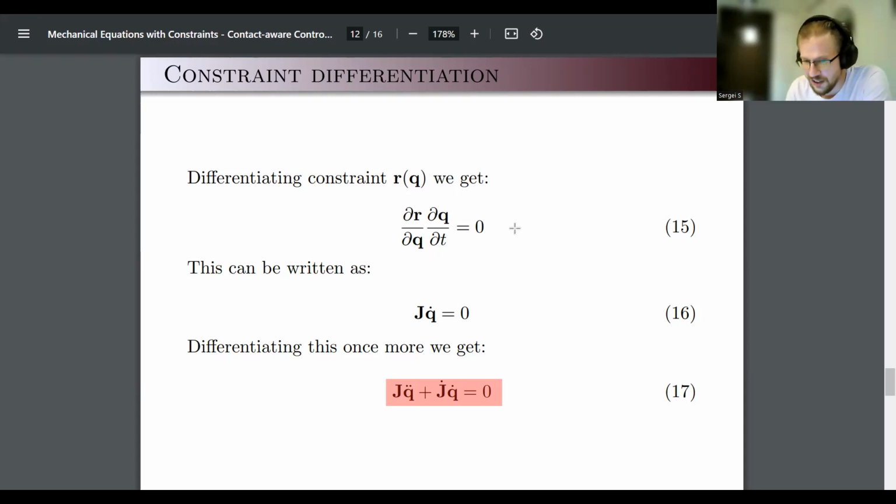Yet another way to say the same thing, and I'm trying to say it in three different ways, is that Q double dot is like a vector field that exists over Q and Q dot. You have an n-dimensional vector Q double dot associated with pairs of Q and Q dot.